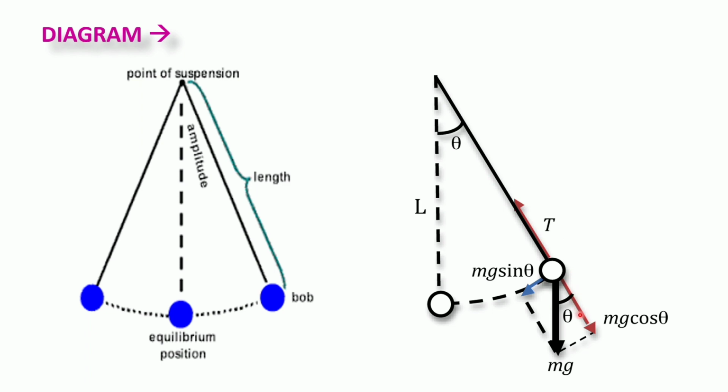Now T gets balanced by mg cos theta, and the only unbalanced force here is mg sin theta, which provides the restoring force. So restoring force in this case is mg sin theta, which is directly proportional to the displacement from the mean position and always opposite to the displacement. Thus, the simple pendulum performs linear simple harmonic motion.